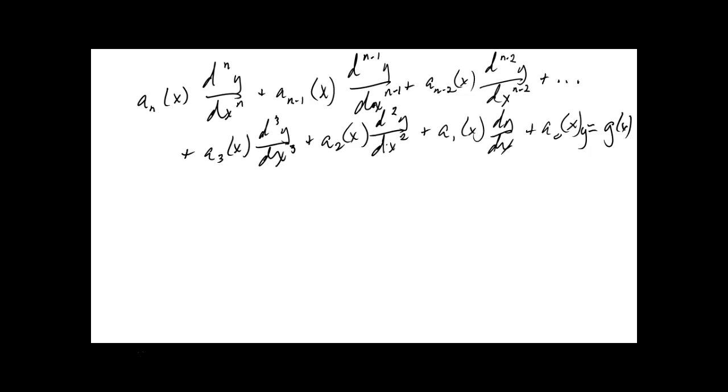All the rest of them you need, so your initial values are subject to y of x0 is equal to y0, y prime of x0 is equal to y1, y double prime at x0 is equal to y2, dot, dot, dot, the n minus second derivative of y at x0 is equal to y sub n minus 2.